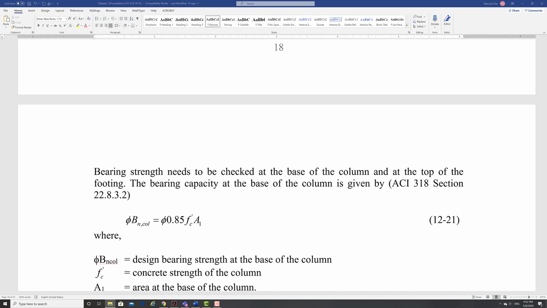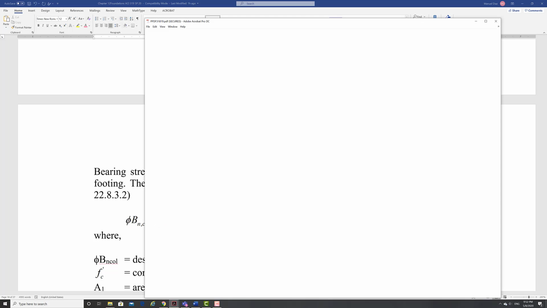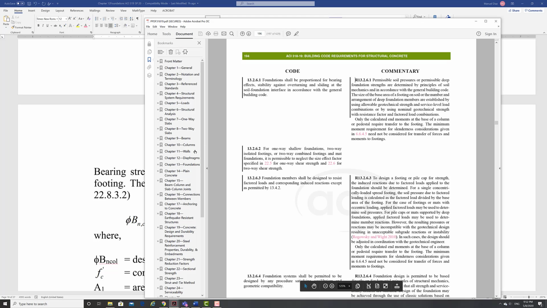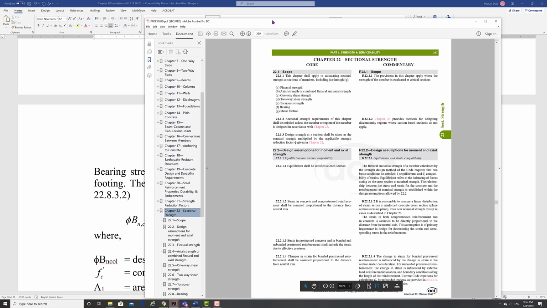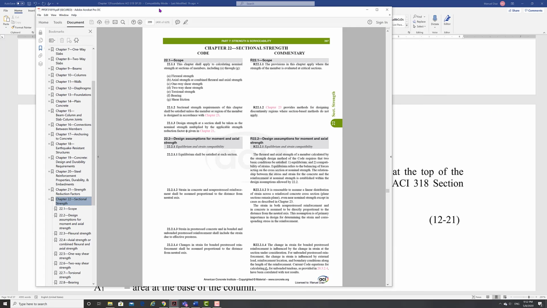So, what happened to my code? Okay, code. Okay, here's the code. All right, 22. So we're looking at 22.8.3.2.